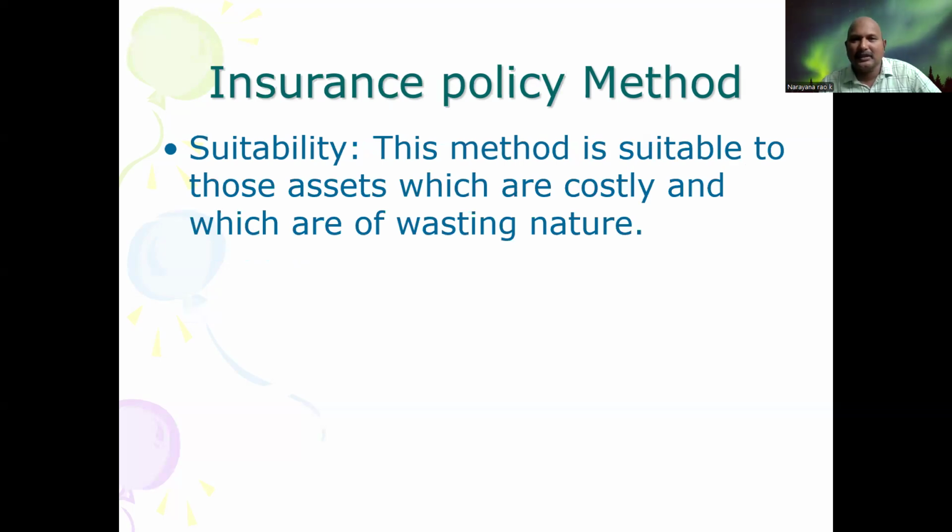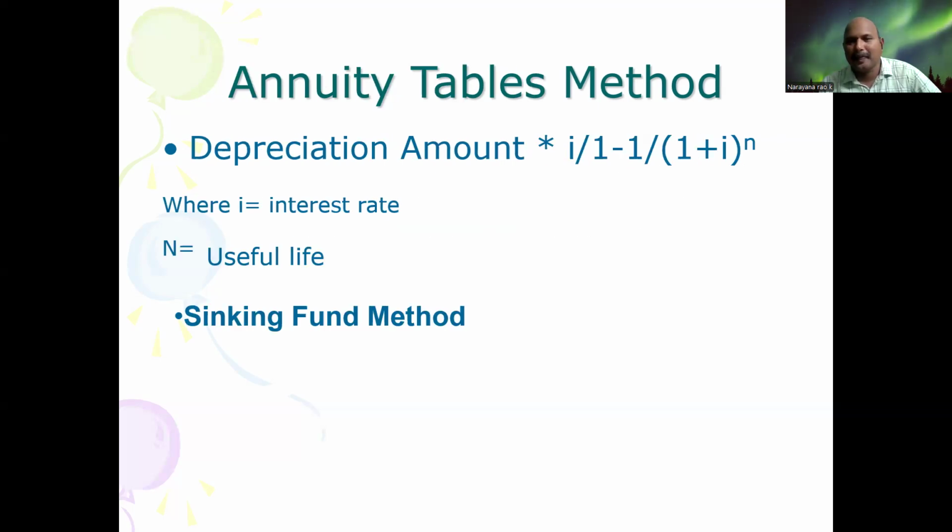Our next method is the sinking fund method. Under the sinking fund method, replacement of the asset is easy, because whatever depreciation is calculated, that amount will be invested in a bank, shares, debentures, or whatever investment. But that investment must earn a fixed rate of interest, not marketable securities, just like debentures, which earn a fixed rate of interest.